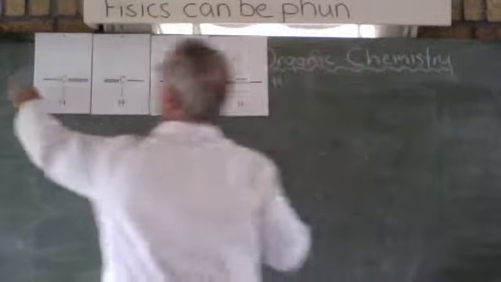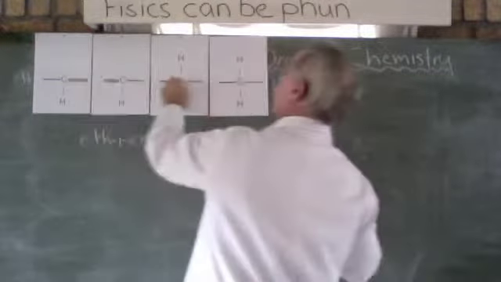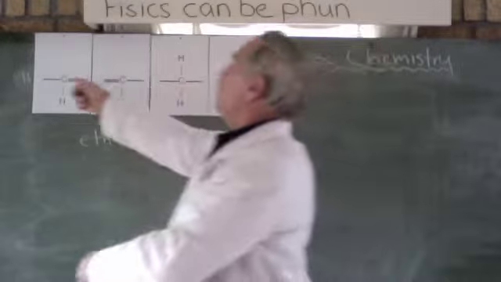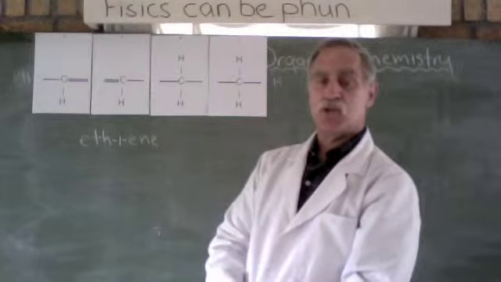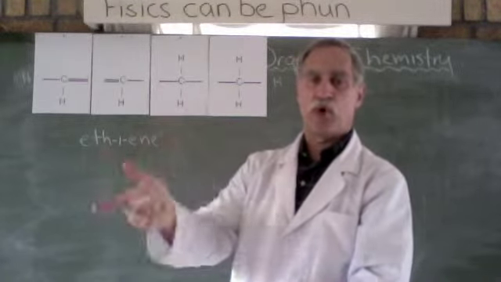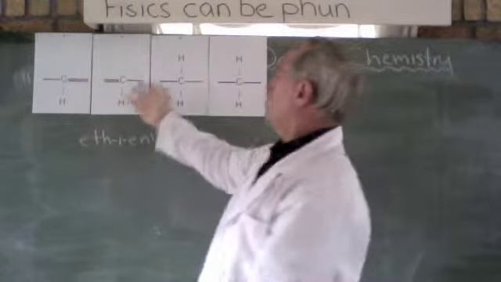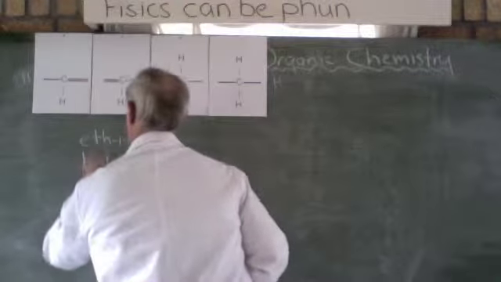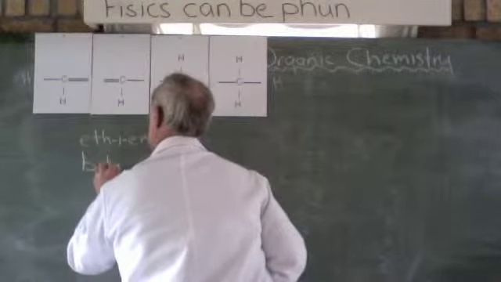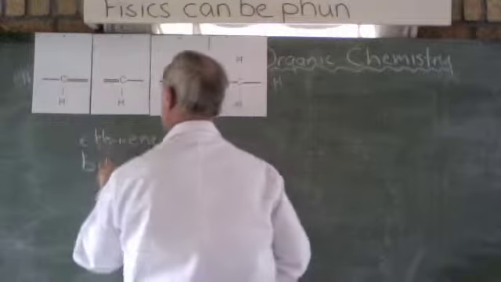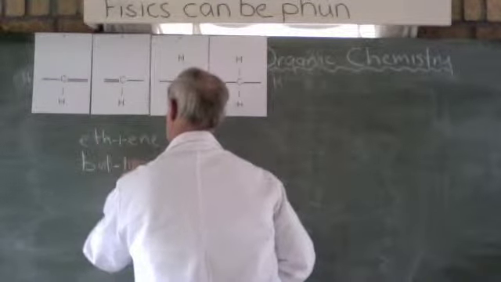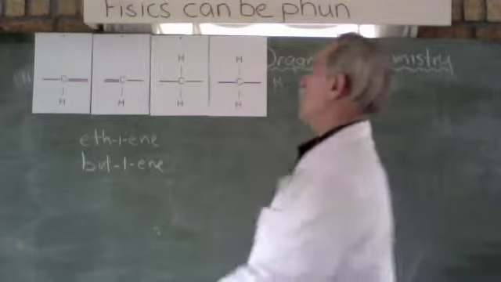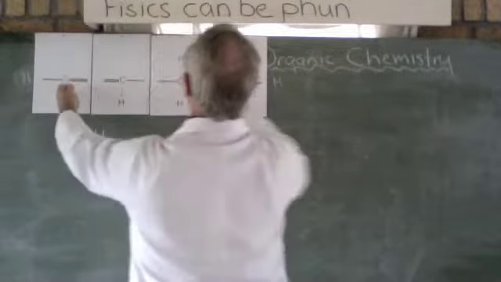So here, let's add a hydrogen there and a hydrogen on this end. How many carbons have we got? We have 1, 2, 3, 4 carbons. So it's going to be meth, eth, prop, but, butene. And it's going to be but-1-ene. Do you see that?